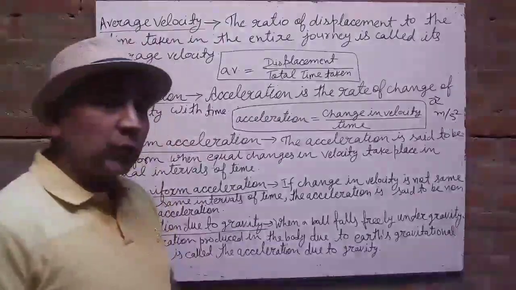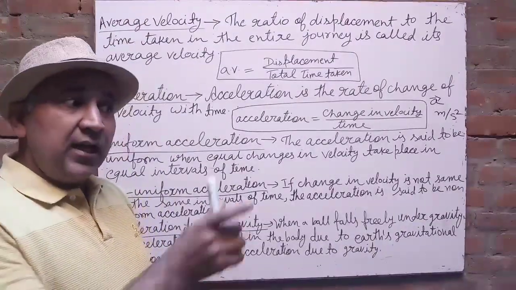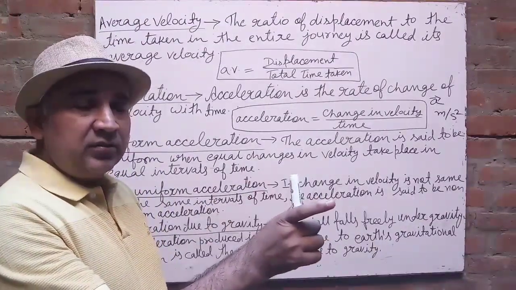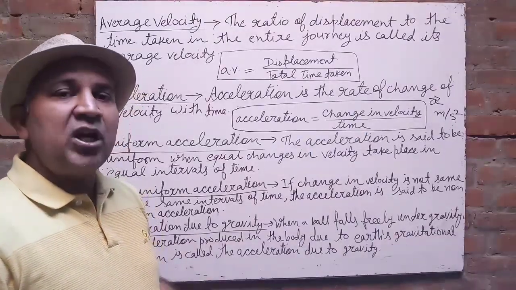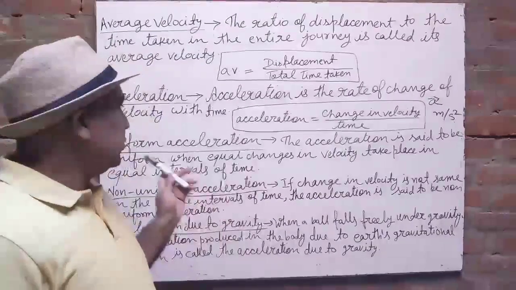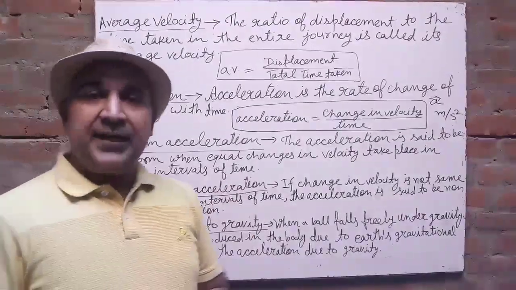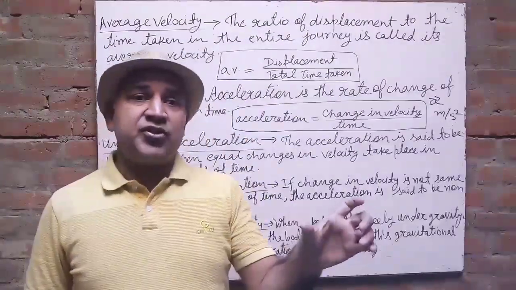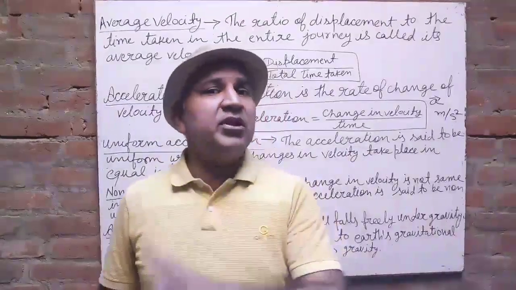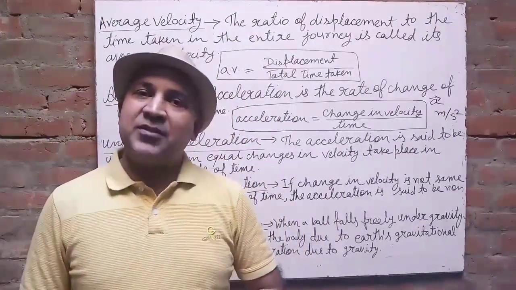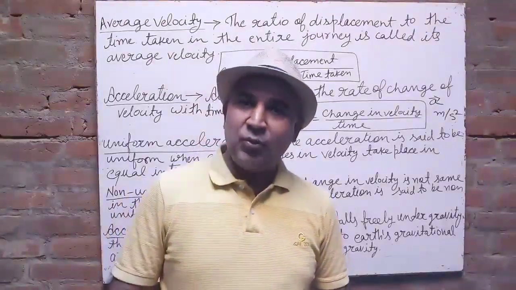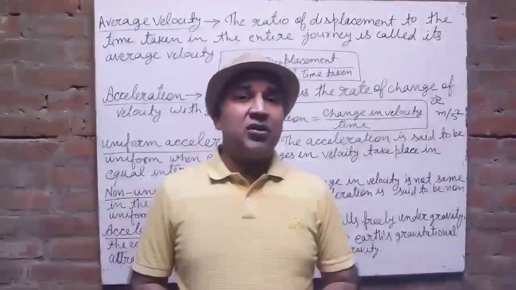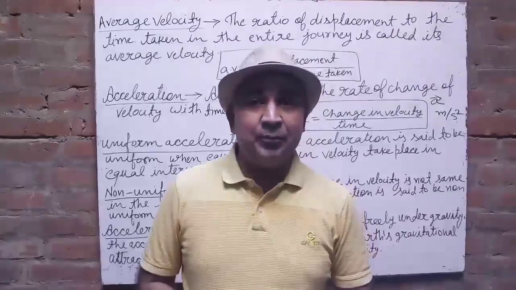That means if you notice that at a certain interval, the change in velocity is also same, then that type of acceleration is called uniform acceleration. And if the change in velocity is not same in the same interval of time, then that will be termed as non-uniform acceleration.